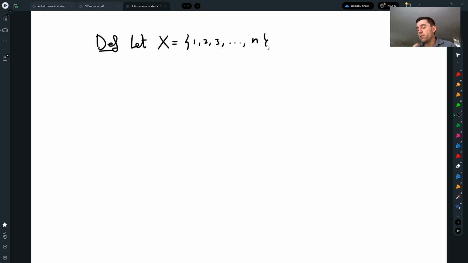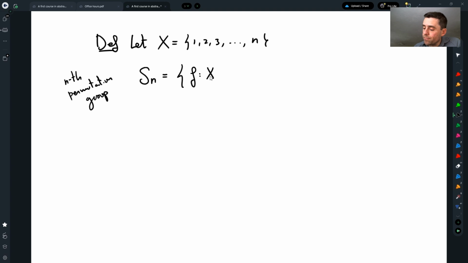Okay, and vertices are something that gets permuted, and then Sn, which is the nth permutation group, but everyone calls it just Sn, is the set of all bijections from X to X.